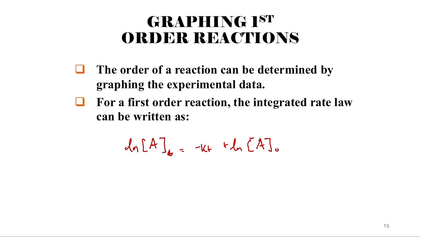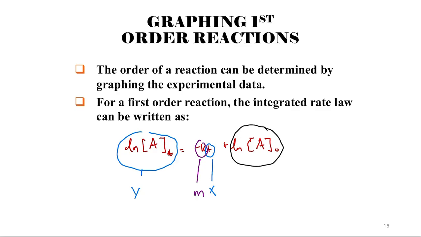If we want this to look like a line, we can plot the logarithm of our concentration at that time versus the time, which is our independent variable. The slope is equal to minus the rate constant, and the y-intercept is the natural logarithm of the initial concentration.